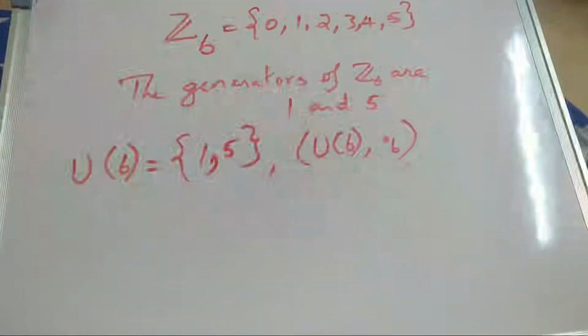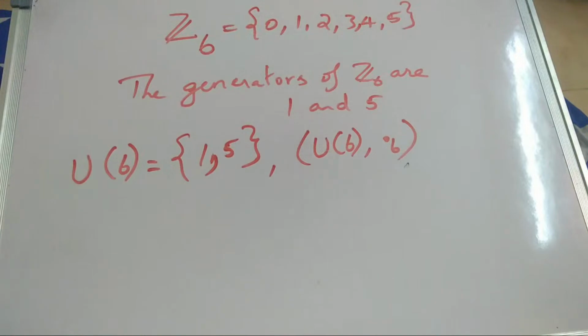multiplication modulo 6. What do we mean by multiplication modulo 6? Here, this is addition modulo 6, that is, we add the positive integers and then divide by 6 and take the remainder as our end result.